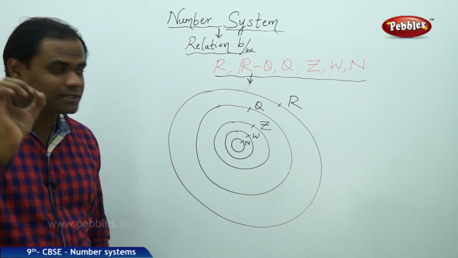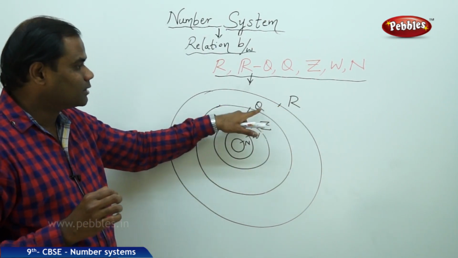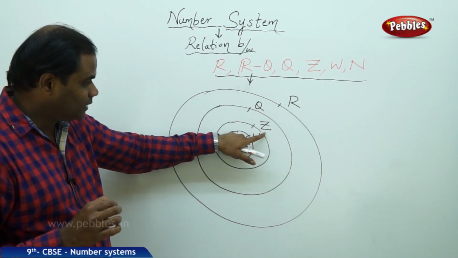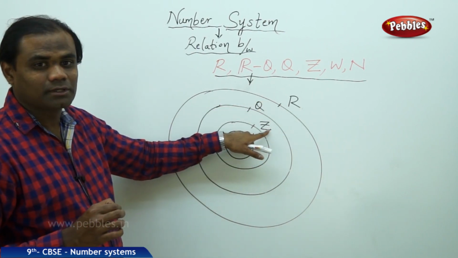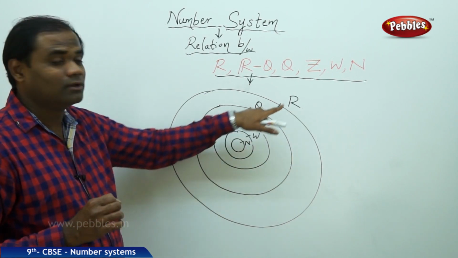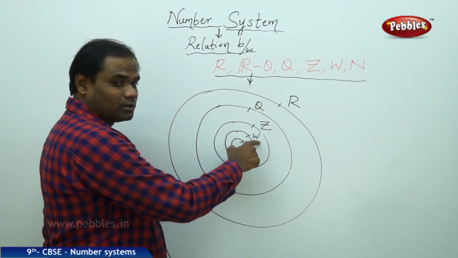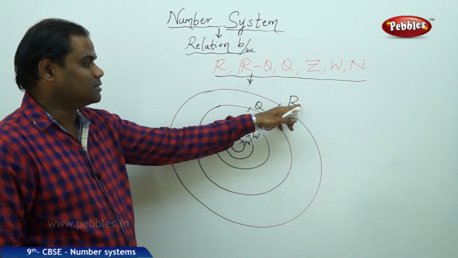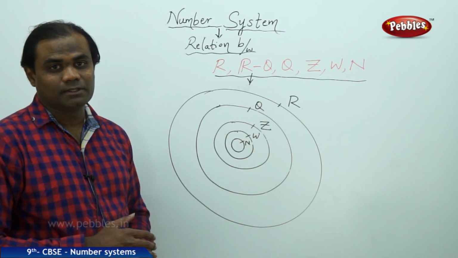Every irrational number is a real number. Every integer is a rational number, and every integer is a real number. Every whole number is an integer, every whole number is a rational number, and every whole number is a real number. Similarly, every natural number is a whole number, every natural number is a real number, and every natural number is a rational number.